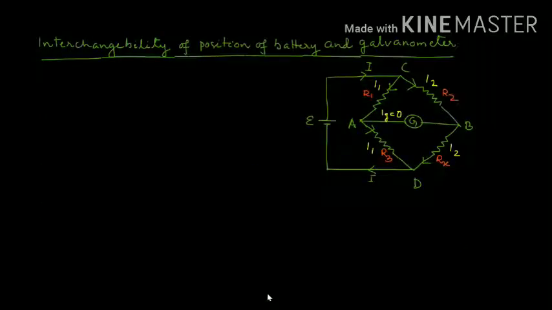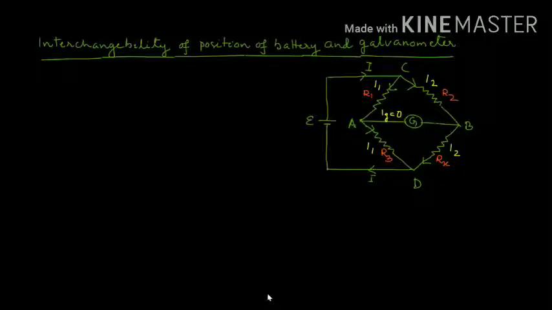Battery of EMF E is connected between C and D. Galvanometer is connected between A and B. Current I1 flows through R1 and R3, and current I2 flows through R2 and Rx. The bridge is balanced. Current through the galvanometer is 0.